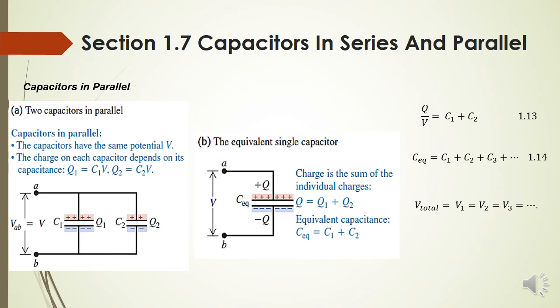Equation 1.14 gives the equivalent capacitance of each capacitance. Okay? C is the representation of the capacitance of a capacitor. So, the equivalent capacitance is just equal to the combination of C1, C2, and C3.